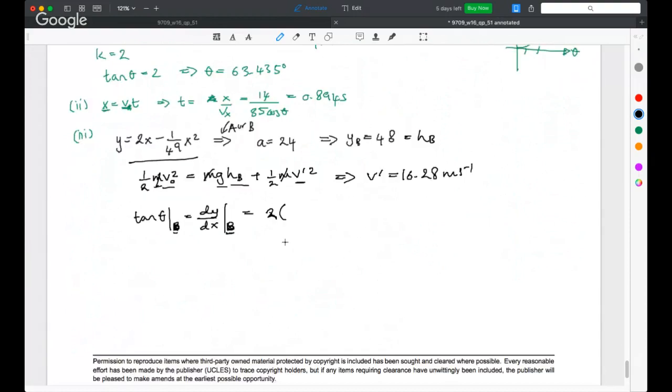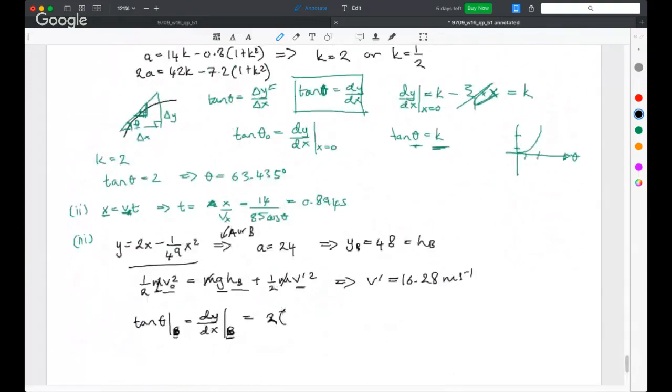So dy dx is just 2 minus 2 over 49 x, and x here is 42, and that's equal to the tan of theta, and that will give you an accurate result of 15.95 degrees. And that's the end of the paper.